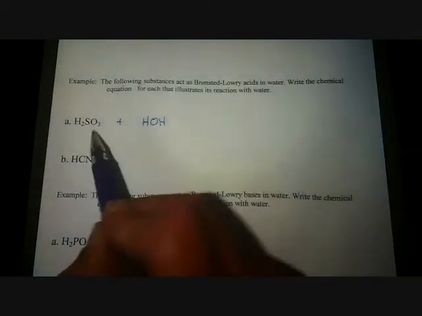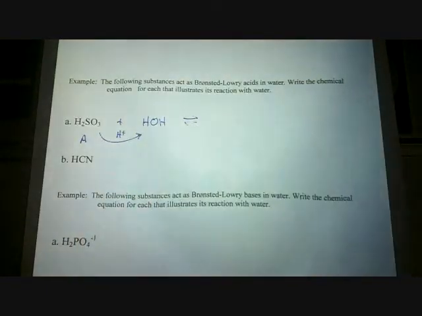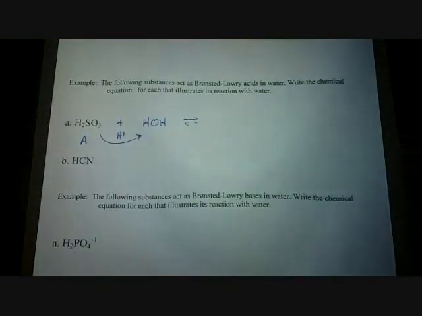So if this is acting as an acid, what will it do? Lose a hydrogen. Good. So what are my products?